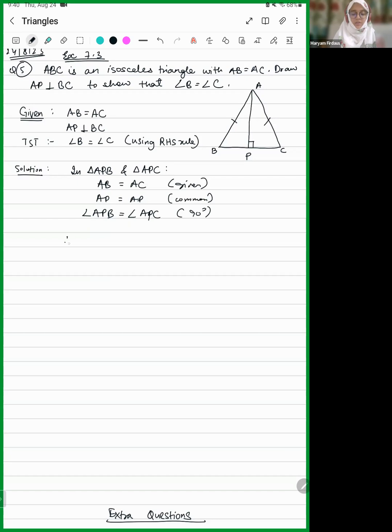So therefore, by RHS rule, R means right angle, H means hypotenuse, and S means side. We are talking about the side in these two triangles. Therefore, by RHS rule they are congruent, and therefore angle B is equal to angle C by CPCT.